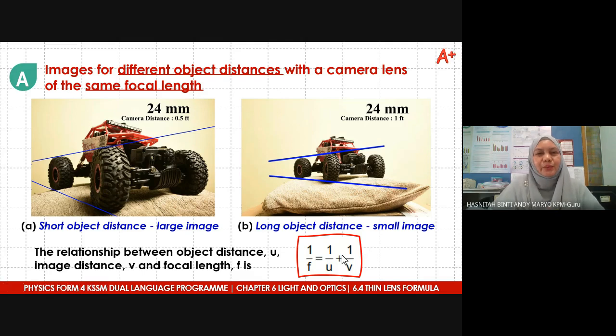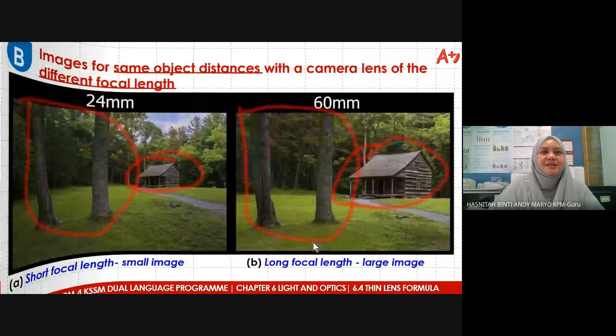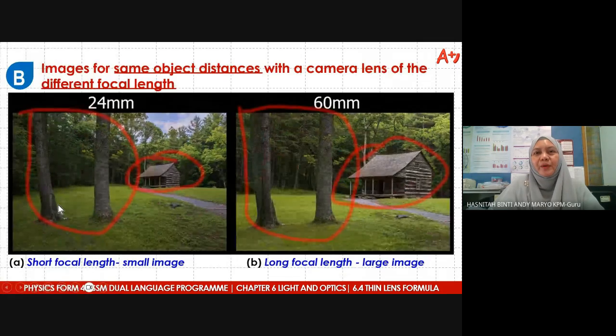So this is situation A. And then, students, this is the second situation. Now we have cameras with the same object distance, but the cameras have different focal lengths. Now u is the same, but f is different.